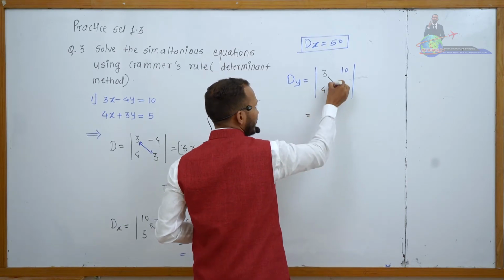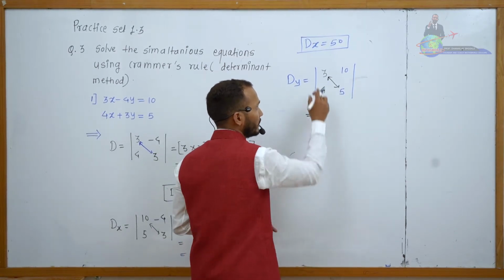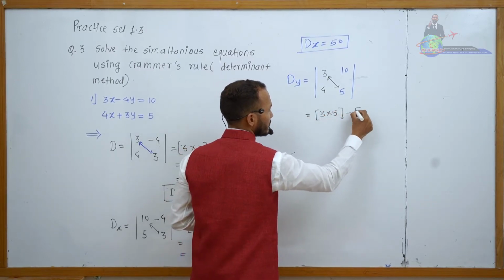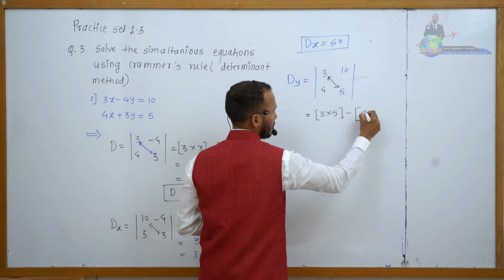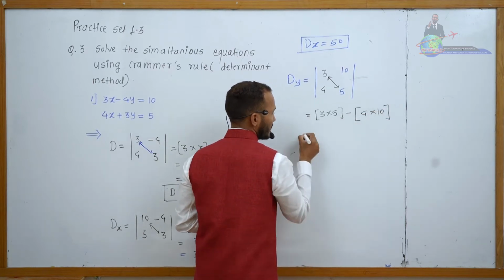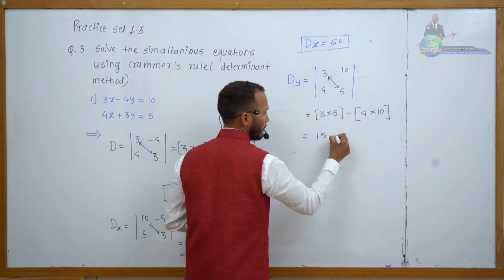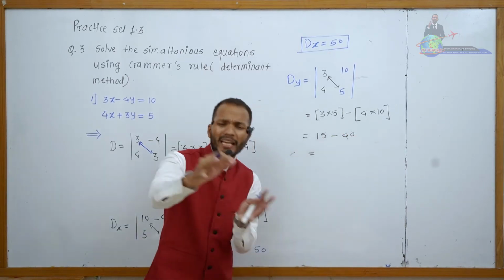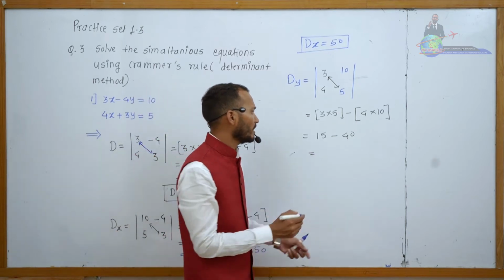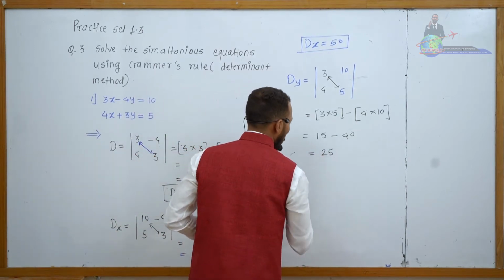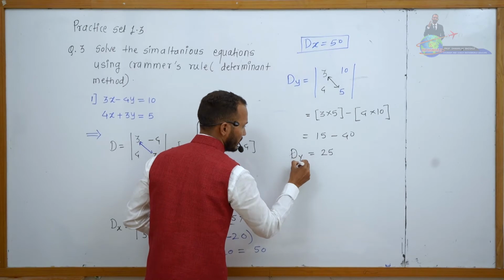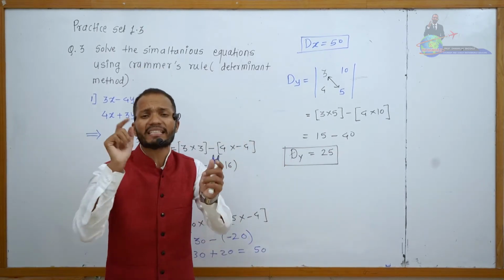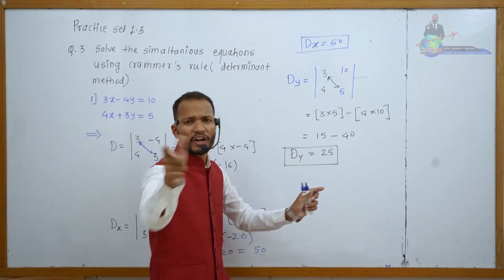Student, solve the determinant. 3 into 5 minus 4 multiplied by 10. 3 into 5 is 15 minus 4 into 10 is 40. 15 minus 40 is -25. Okay, so this is the value of Dy. Finally you got Dy.